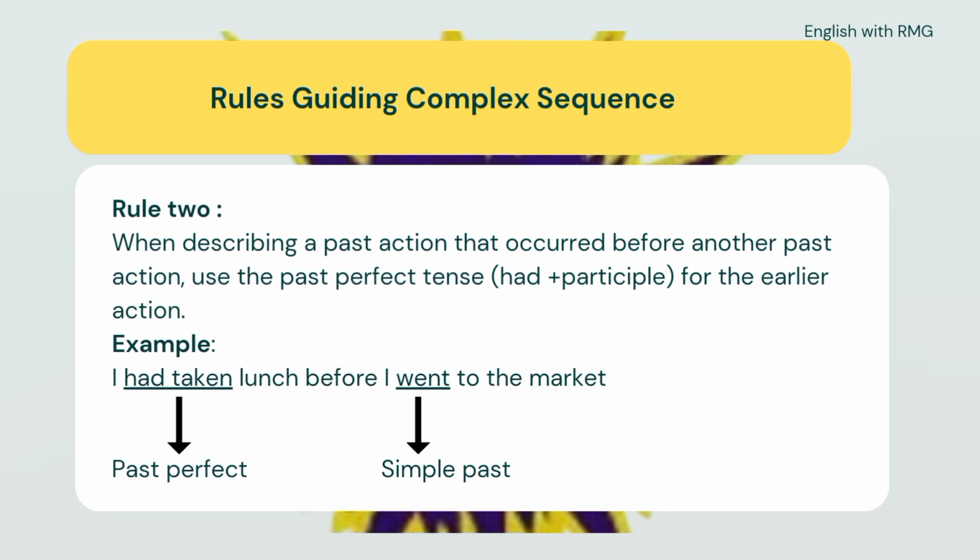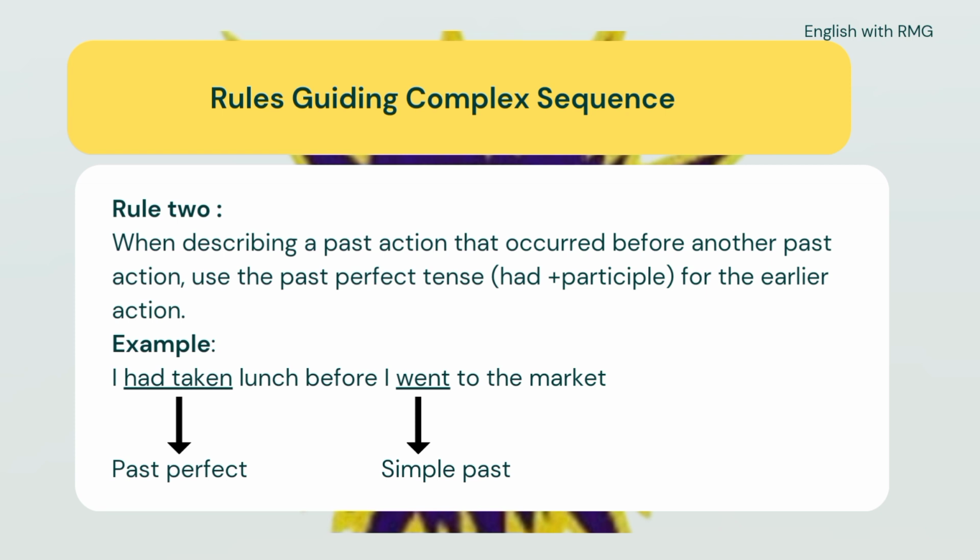So let's move on to rule 2. When describing a past action that occurred before another past action, use the past perfect tense, which is had plus participle for the earlier action. That is, when we've had the previous one was past plus present perfect. But now, when we want to say that these two actions happened in the past, like it's no longer relevant to the present.